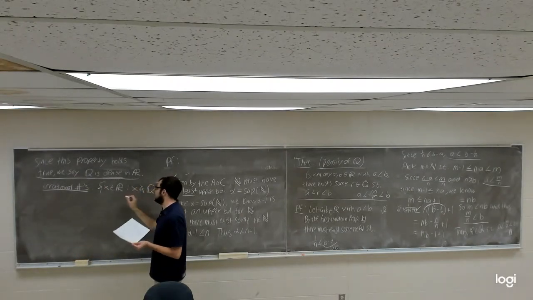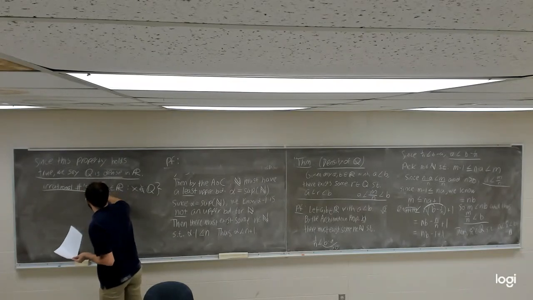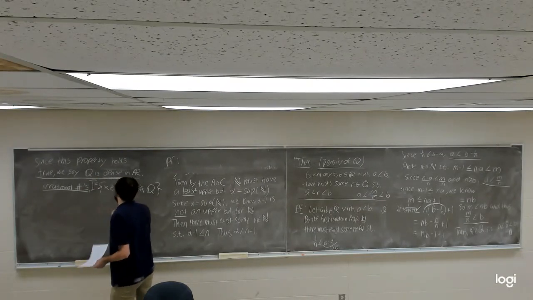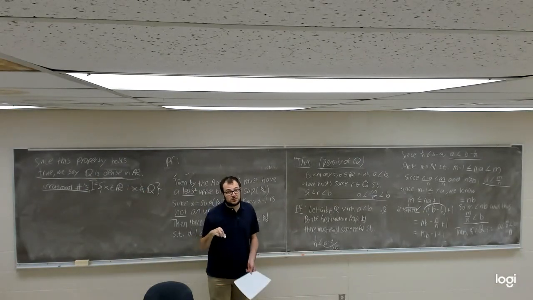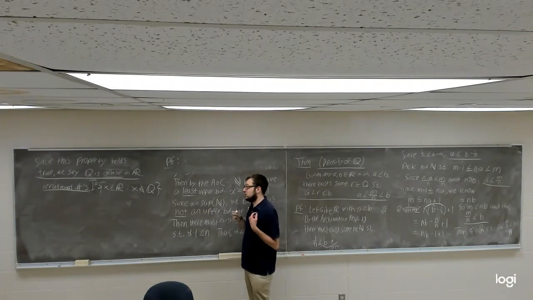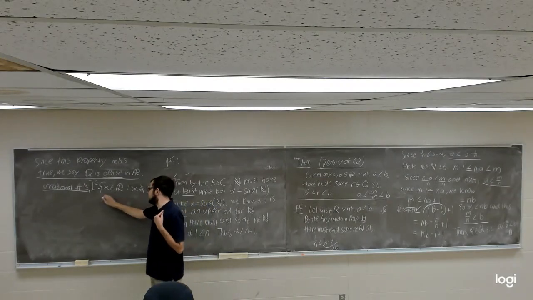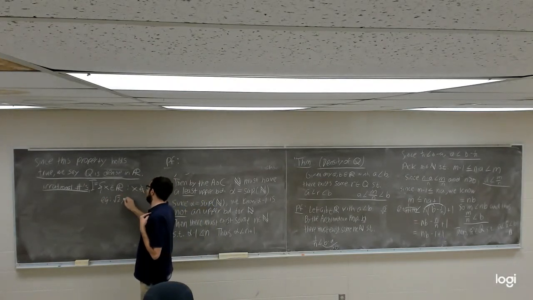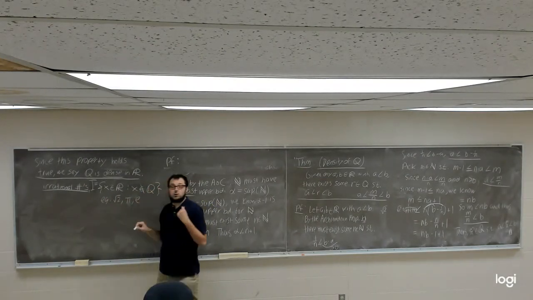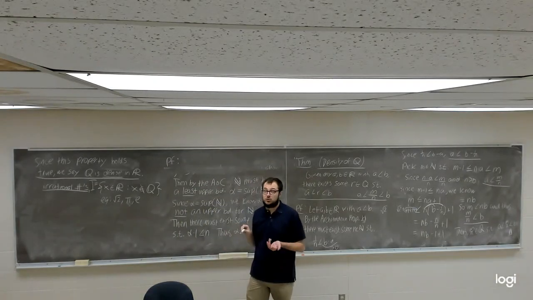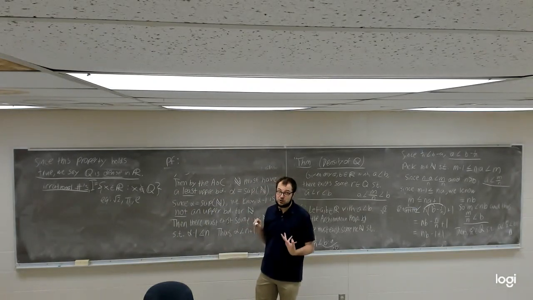We're going to call this set, by the way, I. Part of why we didn't use I for the integers is because I is going to be reserved for irrational numbers. So some numbers that would be in this set would be things like square root of 2, pi, e, real numbers that are not rational, that can't be written as a fraction of integers.